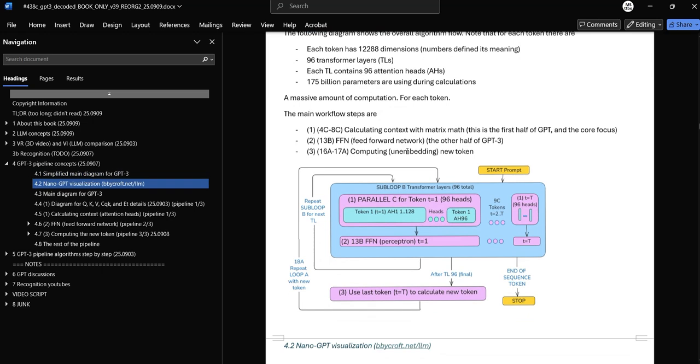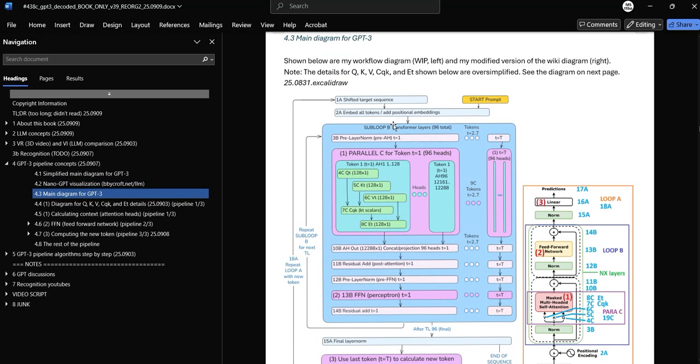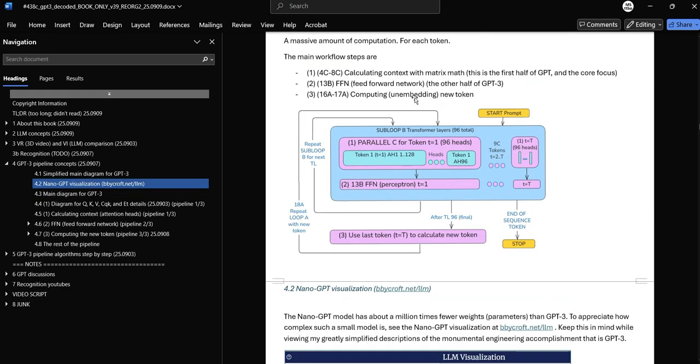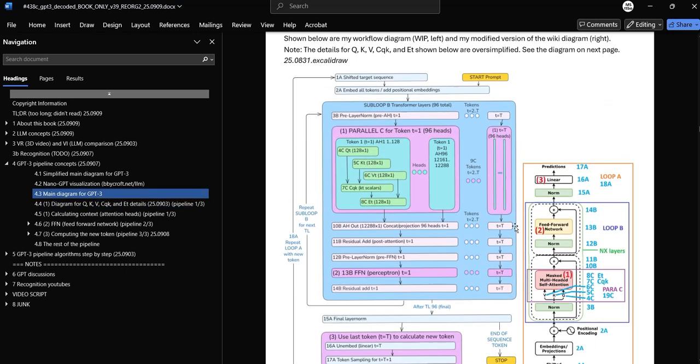It starts out with a simplified diagram of the computation process, the main workflows. And then we have a main diagram. That was a simplified diagram before, and now we have the main diagram. These two diagrams are my original. I created this because I couldn't find this information anywhere else.